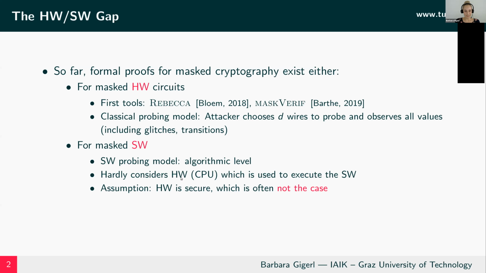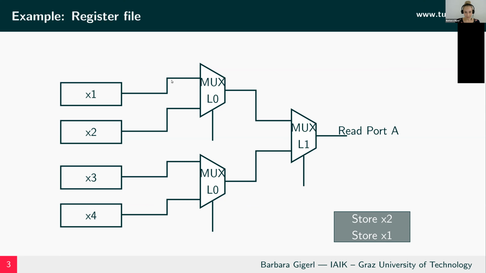In this example, we have 4 registers, and here we have a multiplexer tree which is used to address the registers. Here in the gray box, you see the software we want to execute. We want to store x2 and then x1. Additionally, we know that we have a program which has 2 shares, S1 and S2.